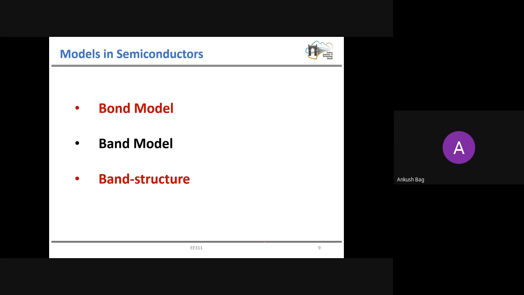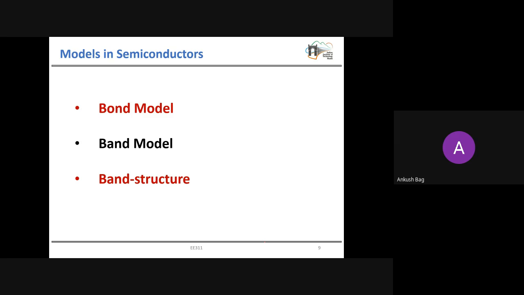We'll try to understand how these bands form within a solid-state device. And finally, we'll look into the band structure. Again, band structure is a detailed picture of your semiconductor material. I will not go into detail, but I'll try to show you so that it helps you understand the other concepts.